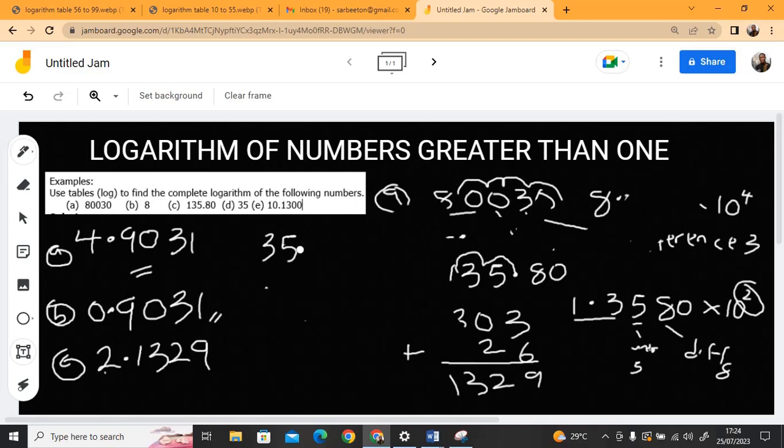This 35 has an invisible point at the back, but there should be one number before this decimal point. I taught you that earlier, so you have to move this point. I move once, that would be 3.5 times 10 raised to the power of 1.